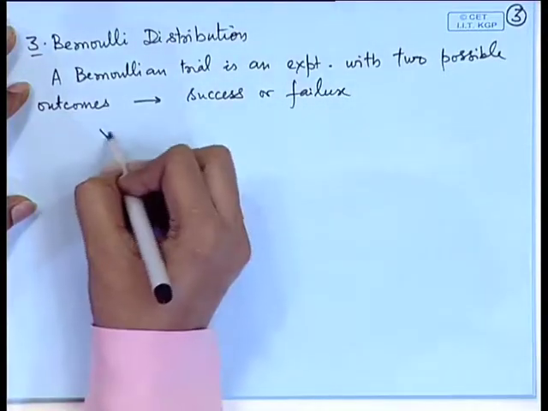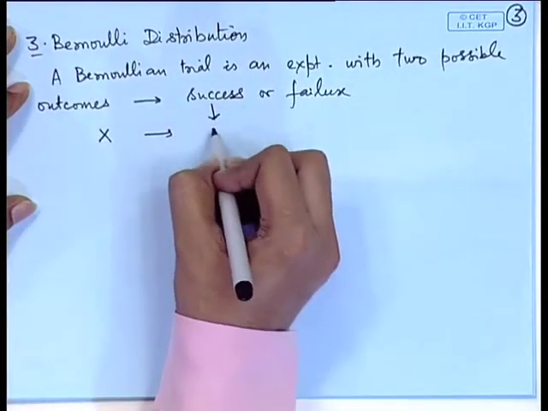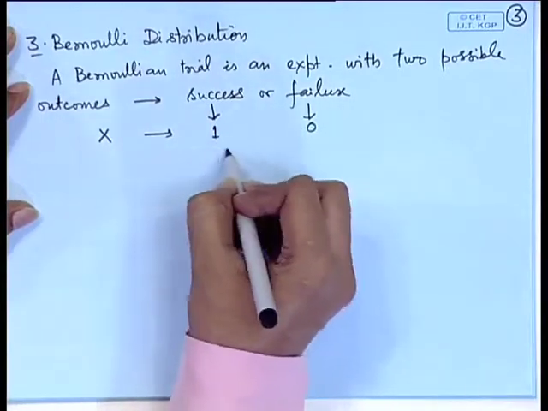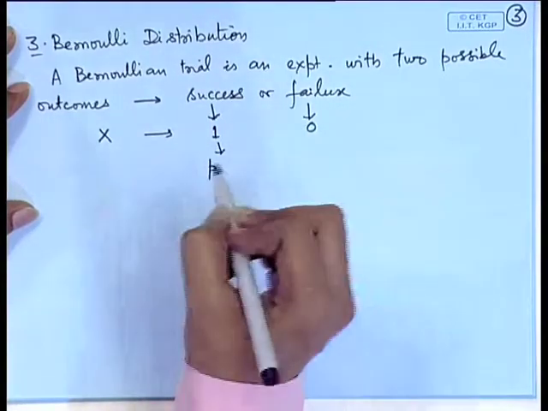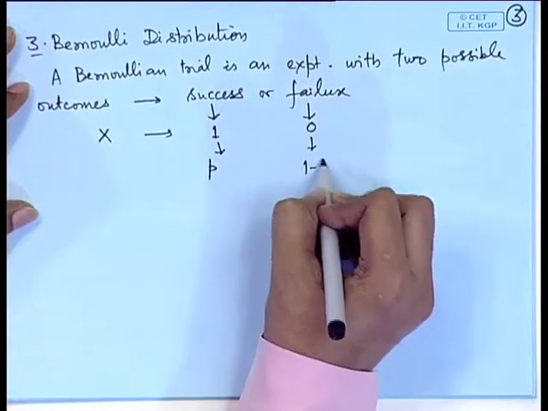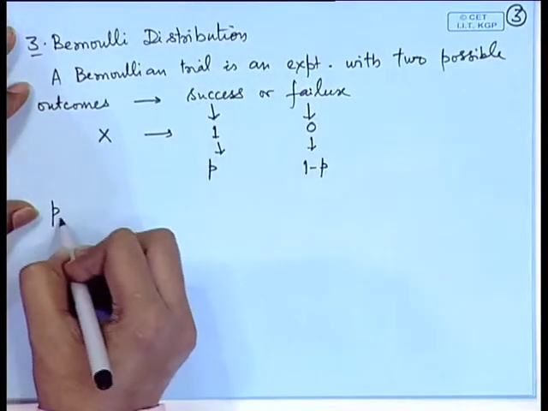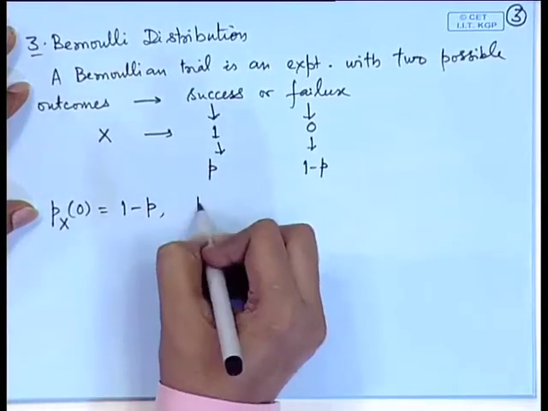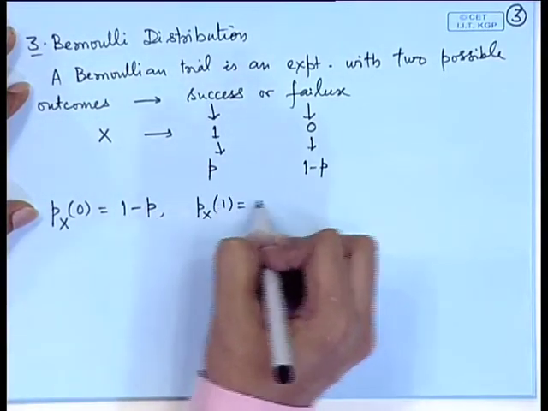The random variable X will associate the value 1 with success and the value 0 with failure, and the probability with success is say p, and the probability with the failure is say 1 minus p. So, the distribution is described by P(X = 0) is 1 minus p and P(X = 1) is p.